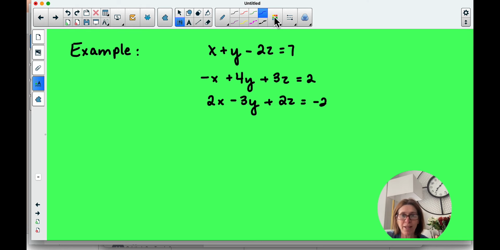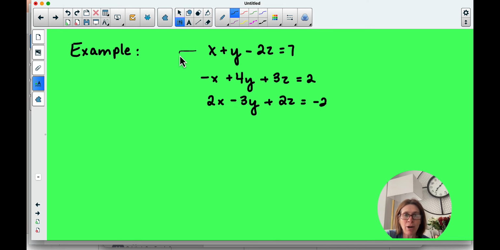So the goal when this happens is for you to pair up equations to actually create a 2-variable system. Now, once you decide what variable you're going to get rid of, then you have to stay consistent with that. So let's try this out.